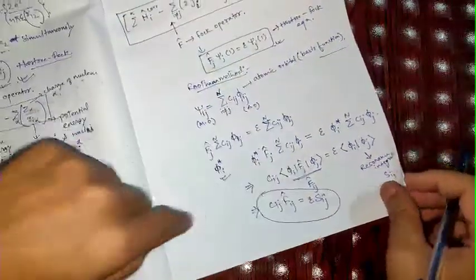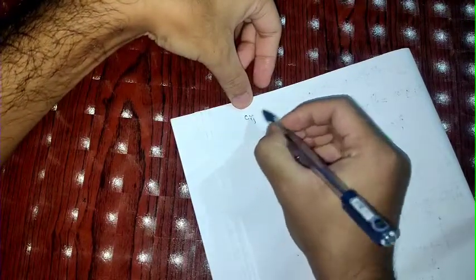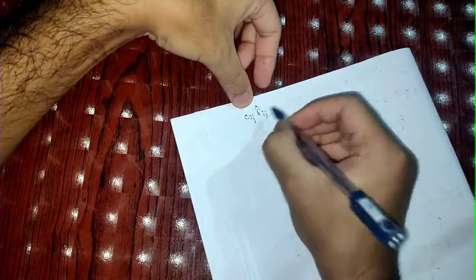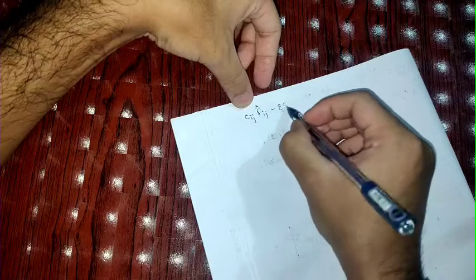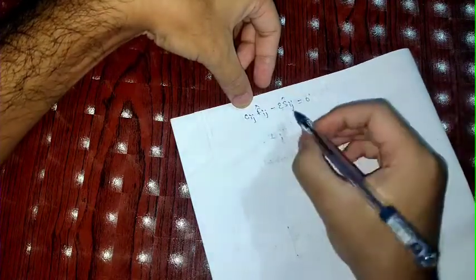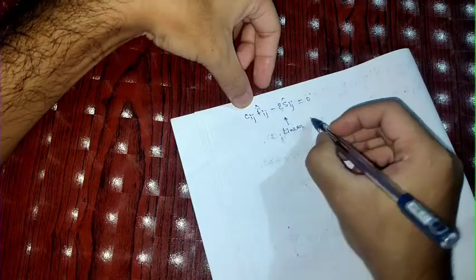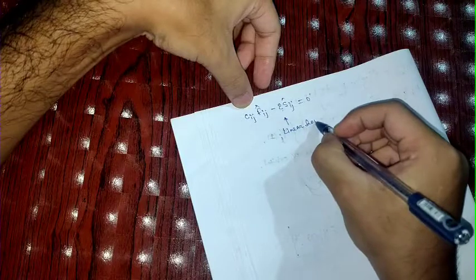Now we can make it again in this way: Cij f cap ij minus E Sij, that is equal to 0. So this is giving us linear homogeneous equations.